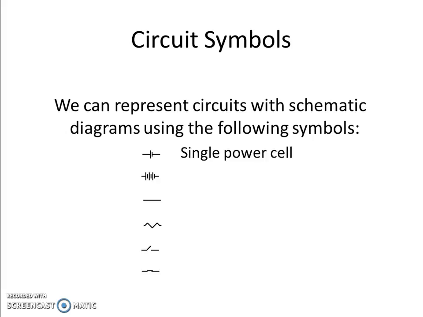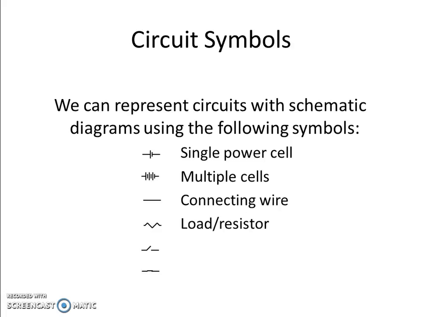So a power cell, represented by a long and a short line. Multiple cells, represented by a series of these things, connecting wires, resistors or loads, open and closed switches. And certainly we'll distribute a few more symbols as well for our more complicated circuits later.